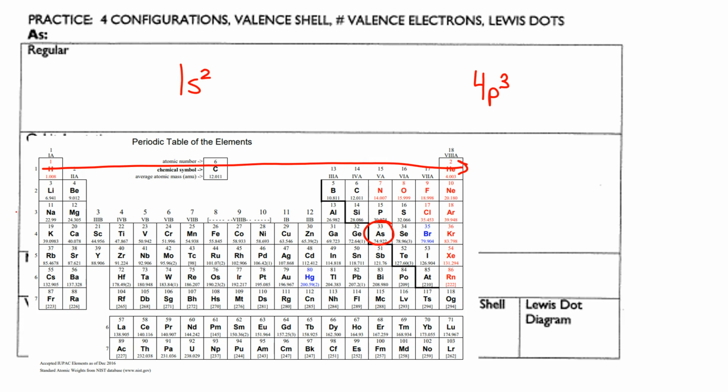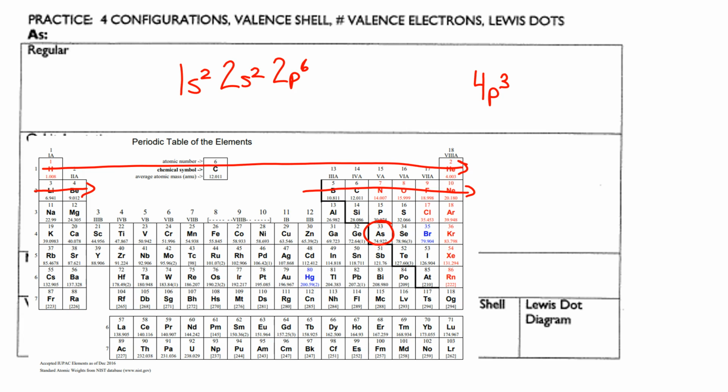I have to go through lithium and beryllium, right? So that gives me my 2s2. I have to go through neon, and so that gives me my 2p6. All right, so I'm still on the 2nd row right here.